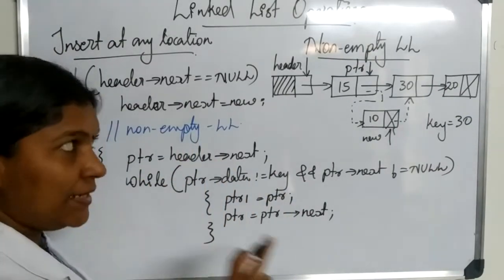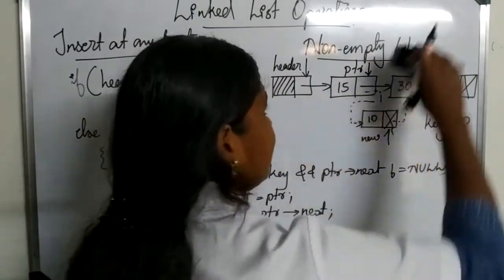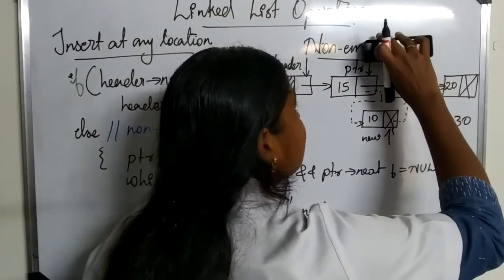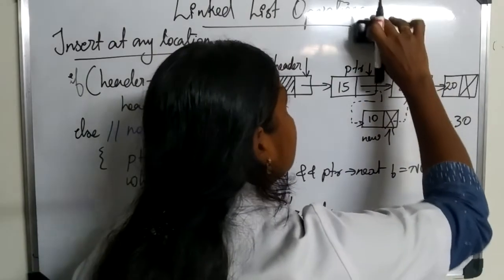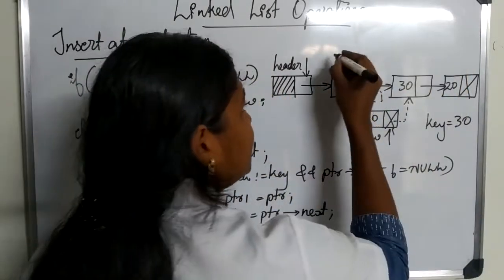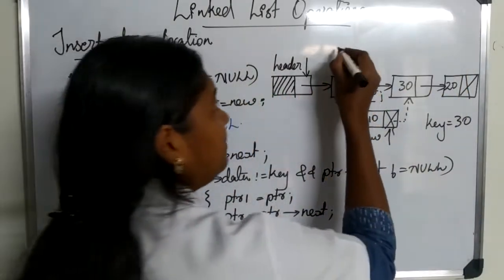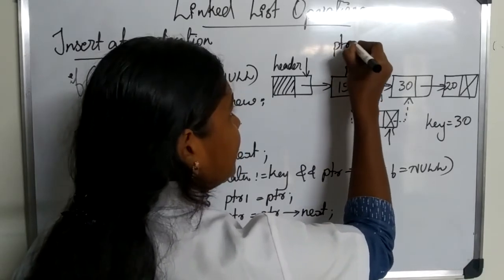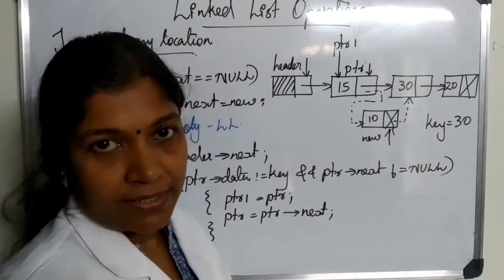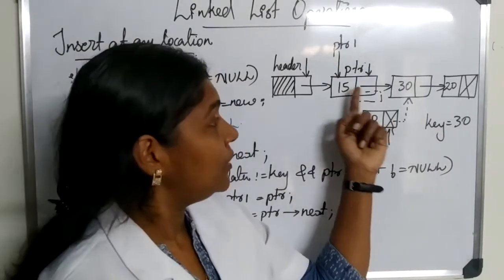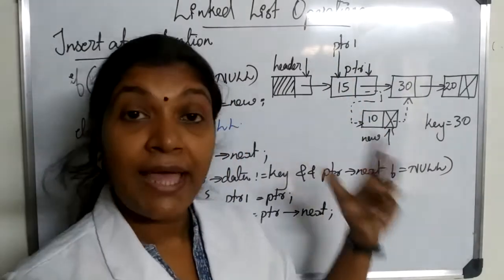So how can we proceed? ptr1 is equal to ptr. So I am making another pointer ptr1 to point to the place of ptr. It is very easy to make one pointer point to a node which already has a name.